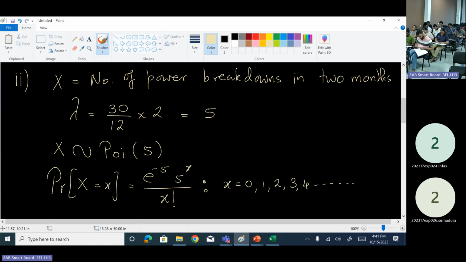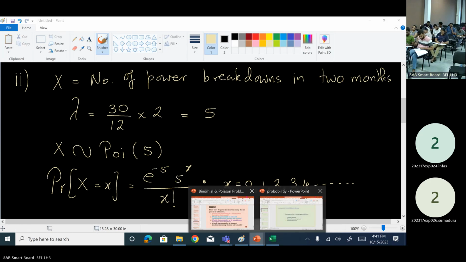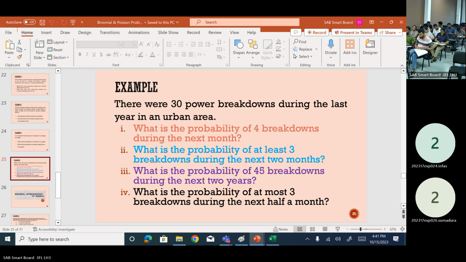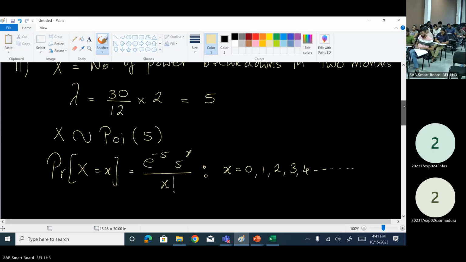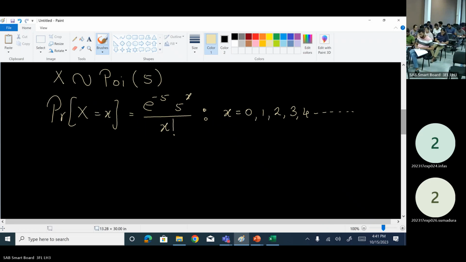So what we want is at least 3. We want the probability of X greater than or equal to 3.